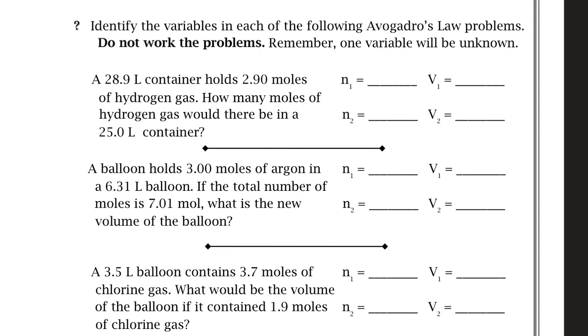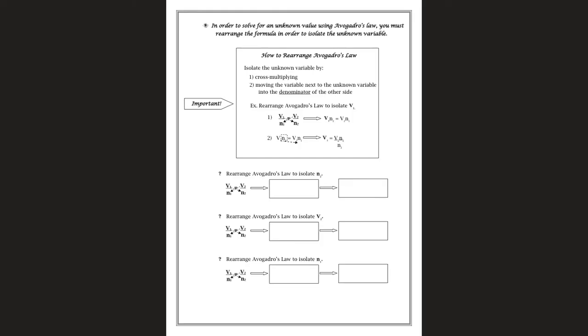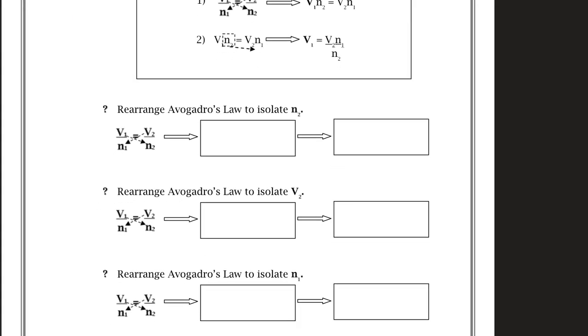So you're just substituting, figuring out what your unknown is and plugging in the values. You have all these done. Yes? All right. Now I don't really need to tell you how to do this next section because we've already done it, right? You've already rearranged these to isolate your unknown. We just did this using Charles' law. We have different variables now, but it's the same process. We just cross multiply and then isolate our variable.